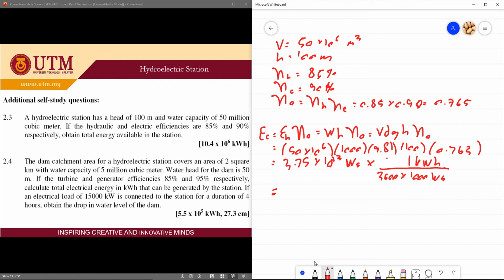Oh sorry, this is also wrong again, because this is an energy calculation. Sorry, I think the original one is correct.